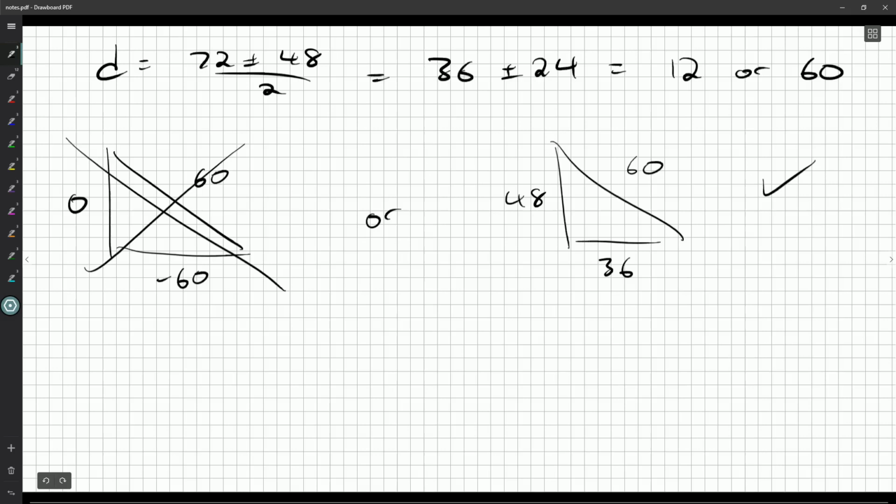So that one works. And we can find its area. Well, we'll do that while we're here. So 1/2 base times height. Making fair use of the calculator here. So we get 864.